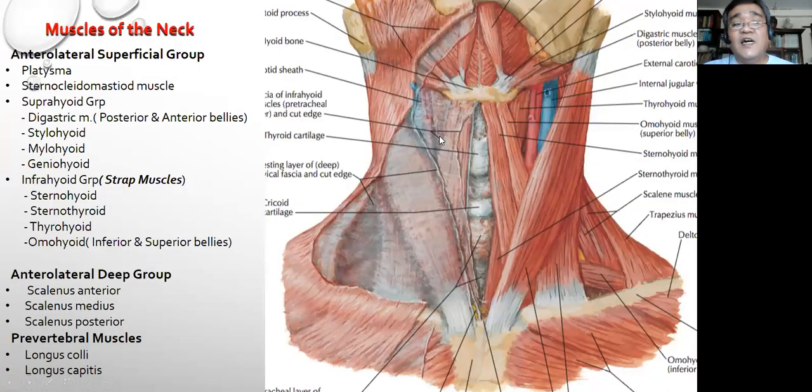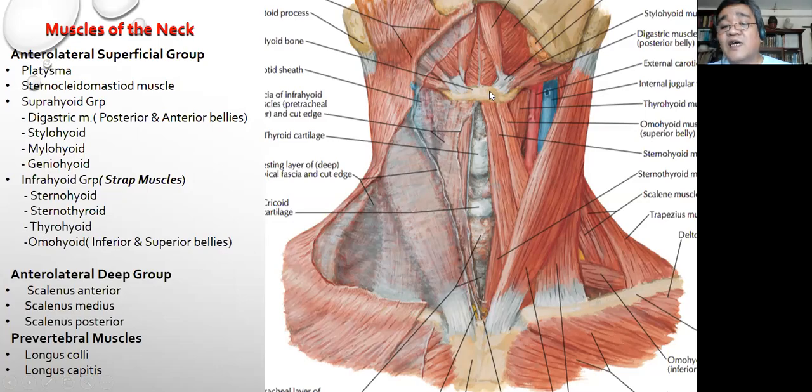Okay, these are the different muscles of the neck. They're arranged in different layers. You have your superficial group and your deep group. The superficial group runs anterolaterally, and is made up of the platysma over here, then your sternocleidomastoid muscle, as well as your suprahyoid muscles.